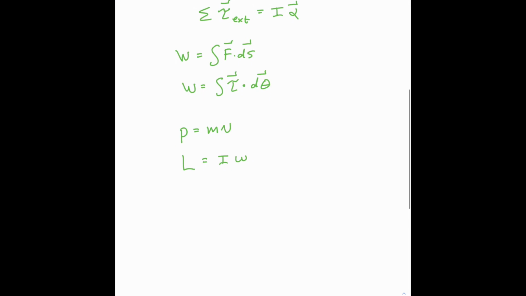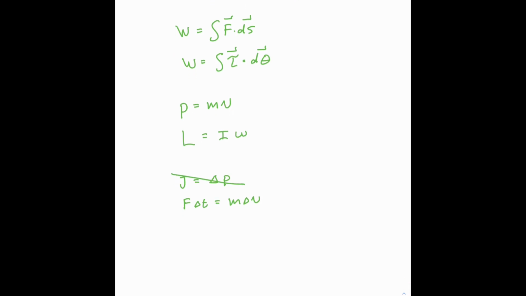And we've also learned about the impulse momentum theorem that says impulse is equal to change in momentum, or better yet, the product of force and time is equal to mass multiplied by change in velocity. Well, that's replaced in our study of rotation with an equation that says torque multiplied by time interval is equal to rotational inertia multiplied by change in angular speed.